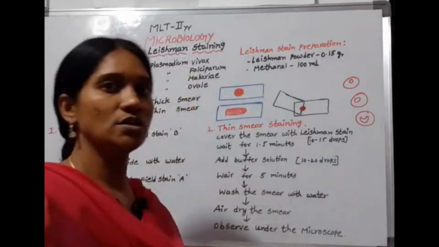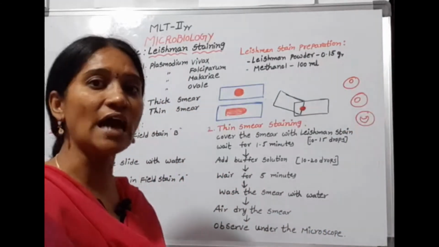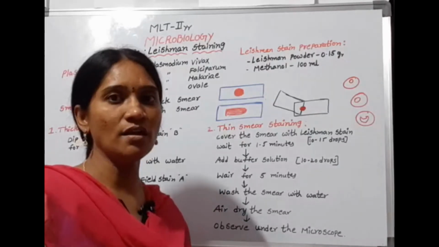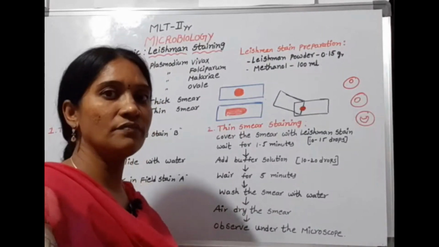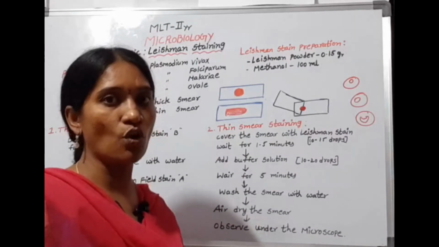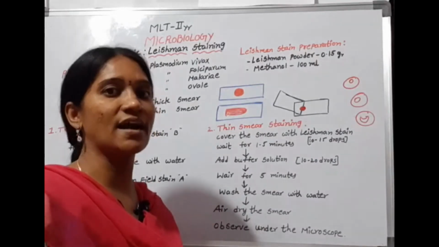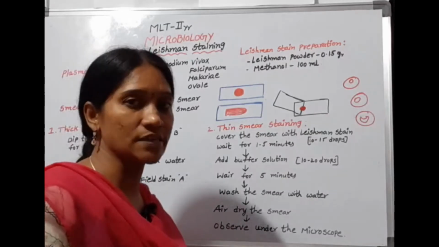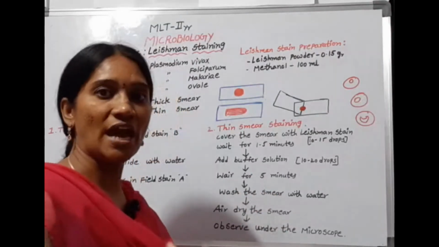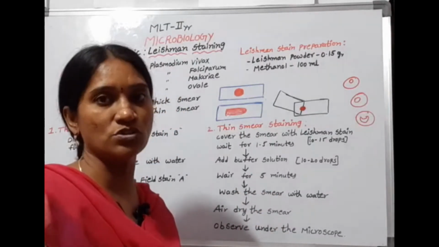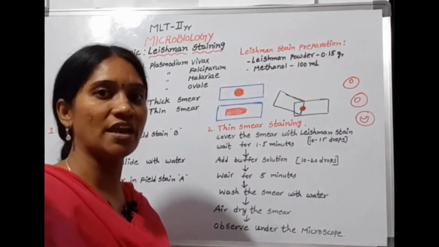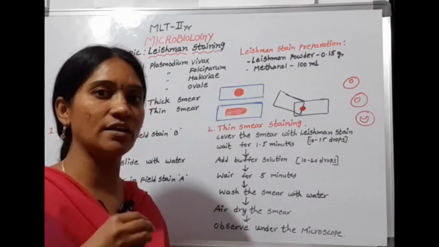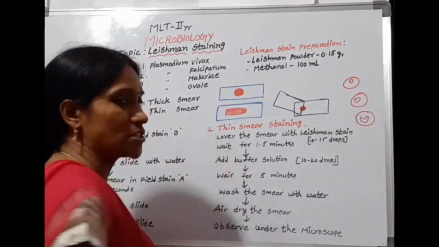The different shapes can be observed in RBC. Finally, under the microscope, the RBCs contain different stages of plasmodium, that is ring stage, joint stage and gametocytes. These stages observed in RBC under the microscope identify the plasmodium.